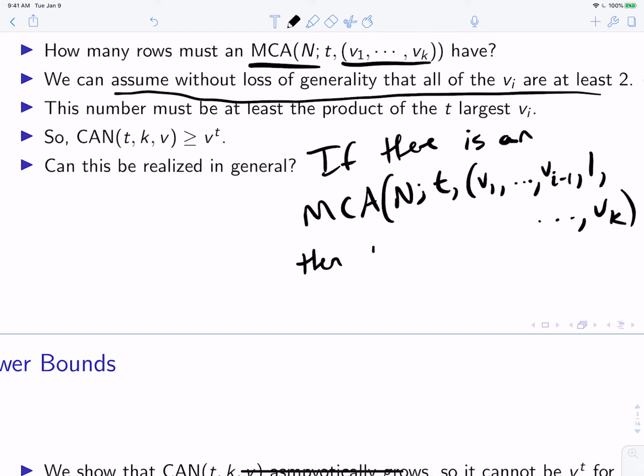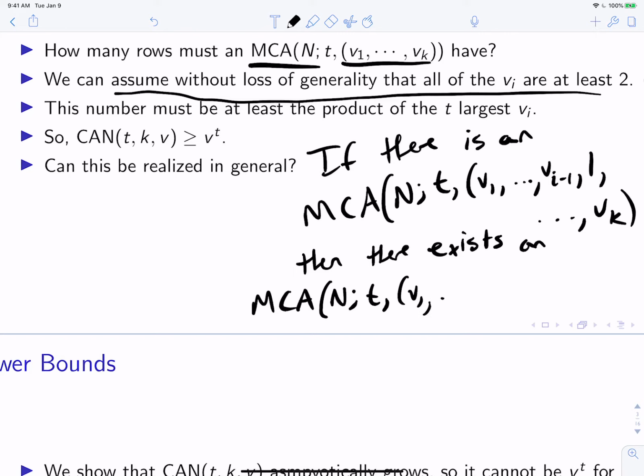Then there exists an MCA on the same parameters, but without that 1 there.